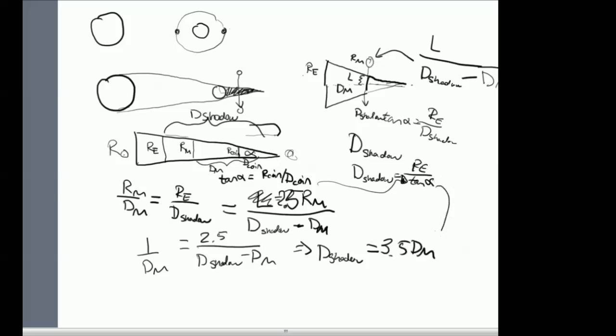So now we just plug this in, and d moon is equal to 1 over 3.5 times d shadow, which is the radius of the Earth divided by this tan alpha, which you can measure using just the coin. So that's it. That's awesome.